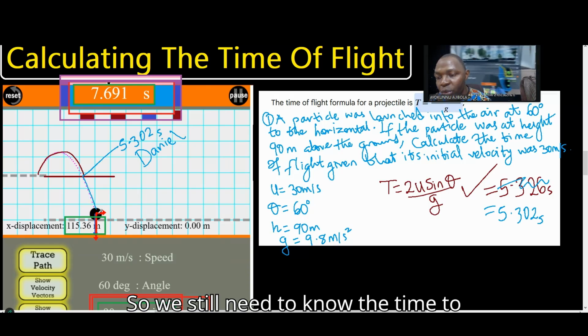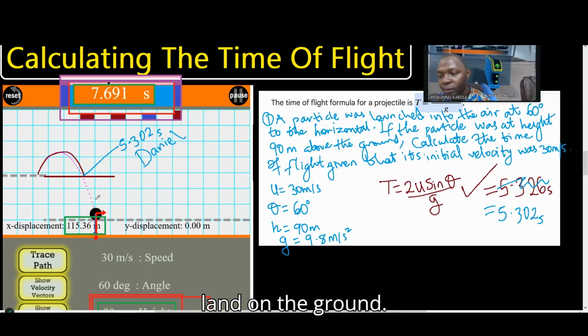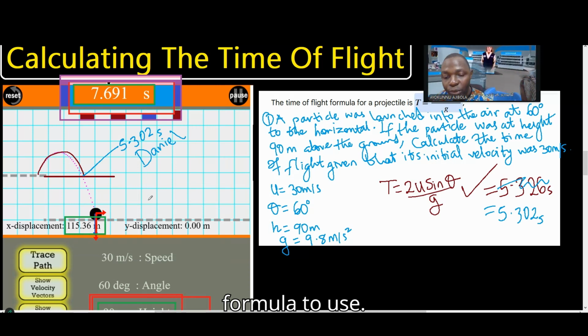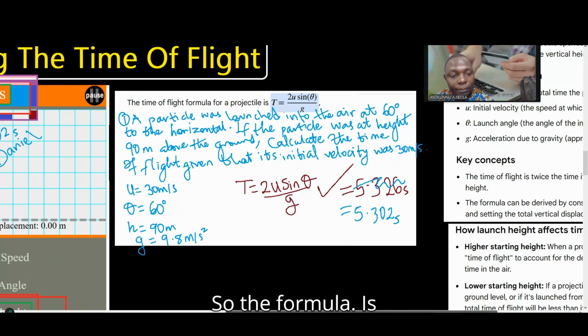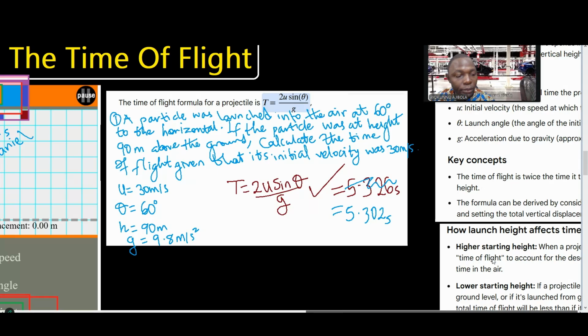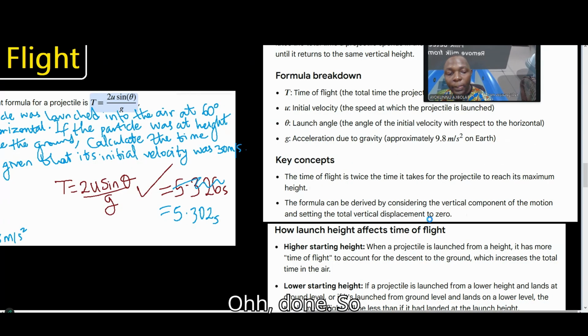So we still need to know the time to reach the bottom because it's going to land on the ground. That's why I said there is another formula to use. Okay, sir. Hold on.